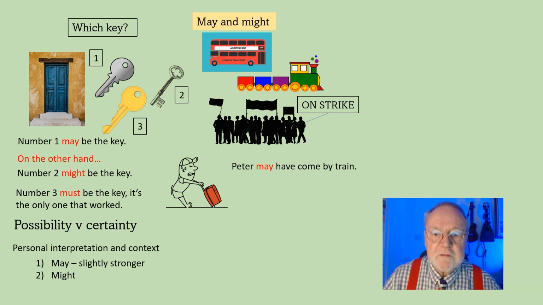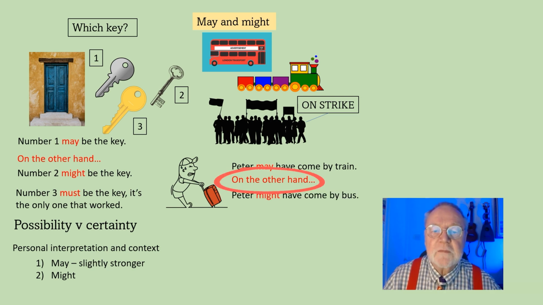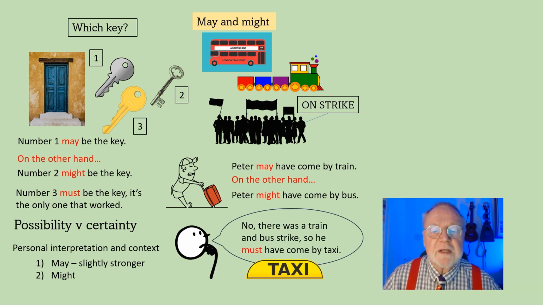Peter may have come by train. Well, let's apply the test. On the other hand, Peter might have come by bus. But this man says, no, there was a train and bus strike, so he must have come by taxi. So we've moved through may, might and must.